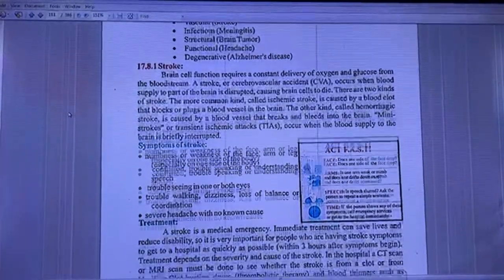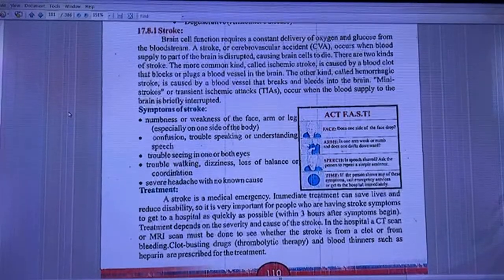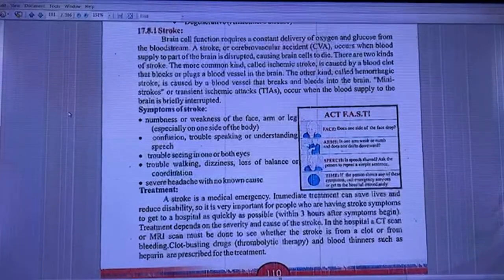Stroke. Brain cell function requires a constant delivery of oxygen and glucose from the bloodstream. A stroke, or cerebrovascular accident, occurs when blood supply to part of the brain is disrupted, causing brain cells to die. There are two kinds of stroke.